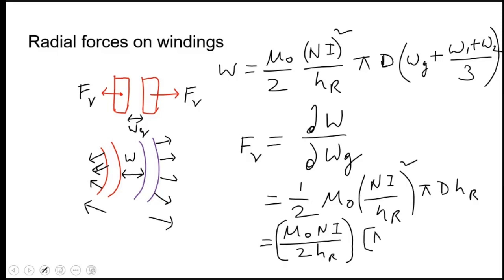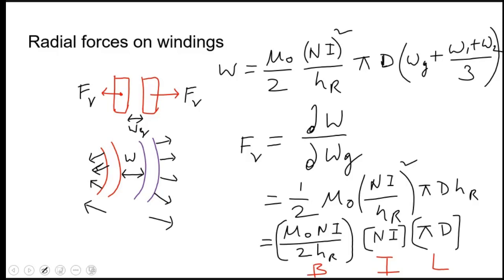N into I is another component. And pi into D is the third component. If you carefully see the dimensions, that will match: this is B, the magnetic flux density, this is I, the current, and this is the length of the conductor. F is equal to BIL, if you remember. That's what I have been mentioning.